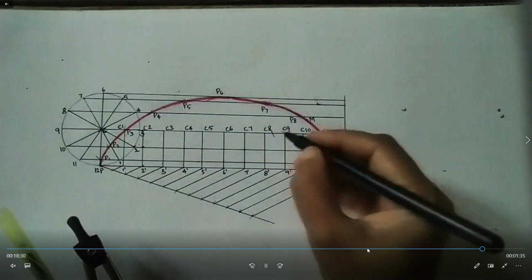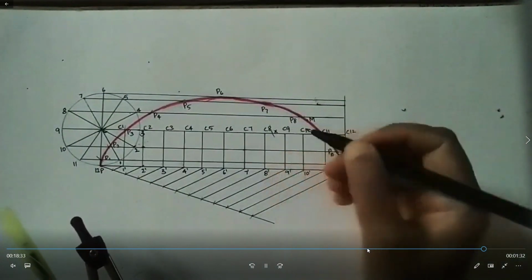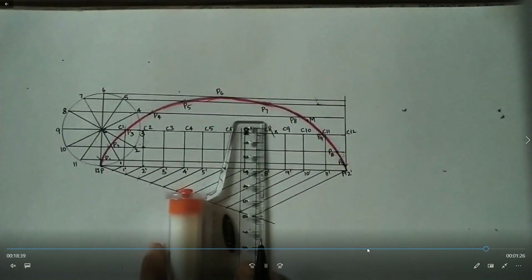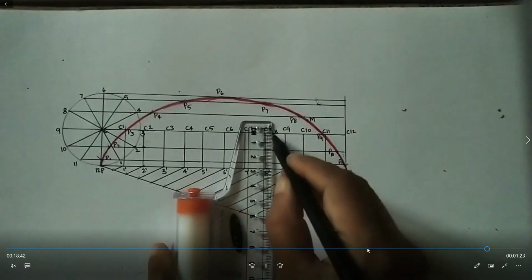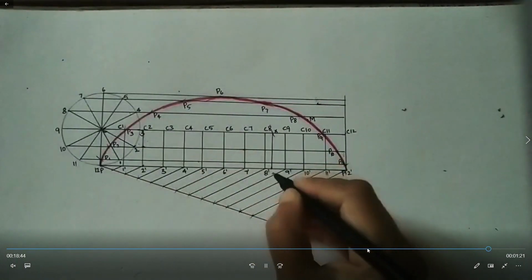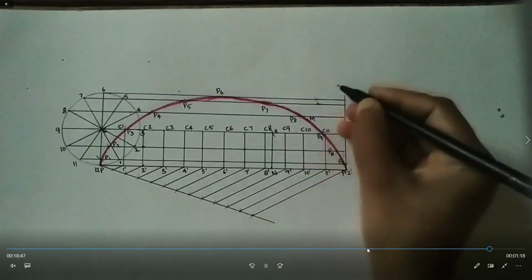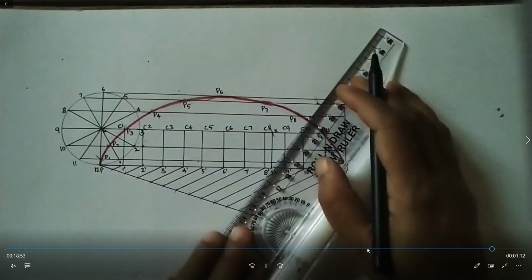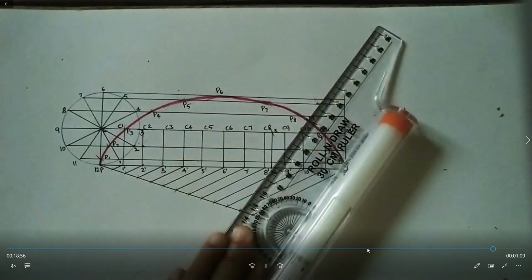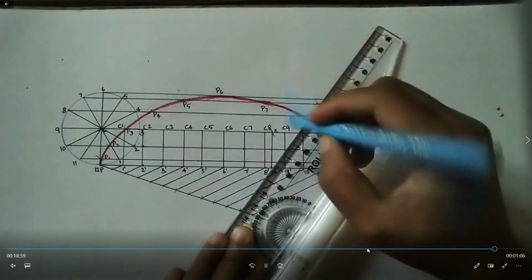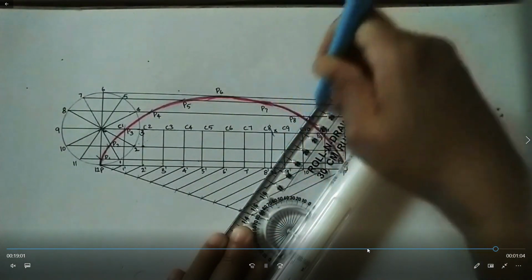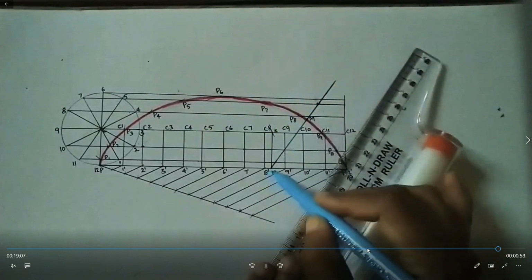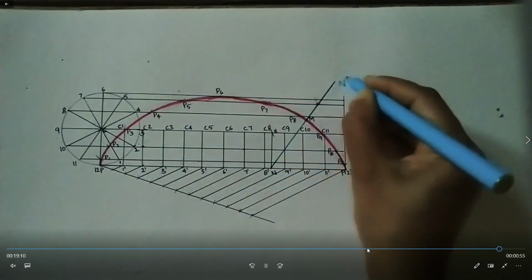With a 25 mm radius, you draw one arc. We cut the center line. From that center point, draw one vertical line. That is N. Now we join M to N with the help of the scale. That is the normal, M to N. The point M is where the line touches the curve.